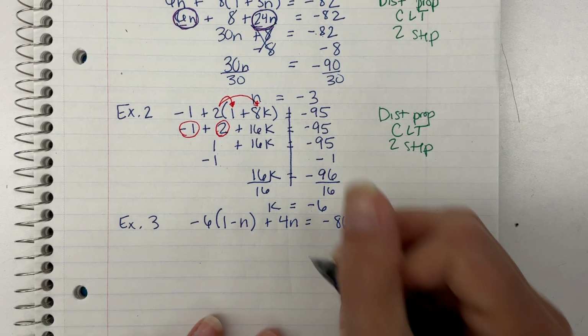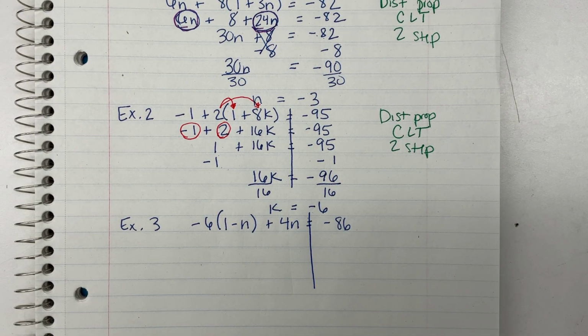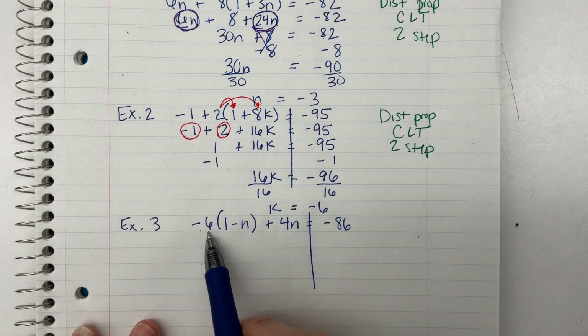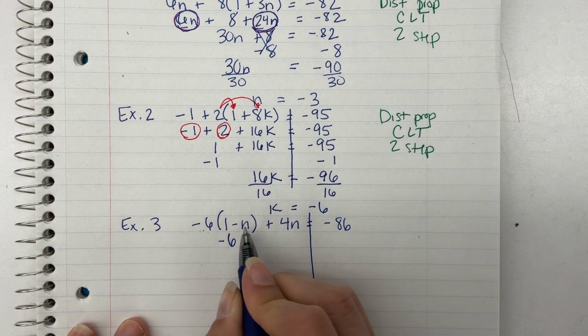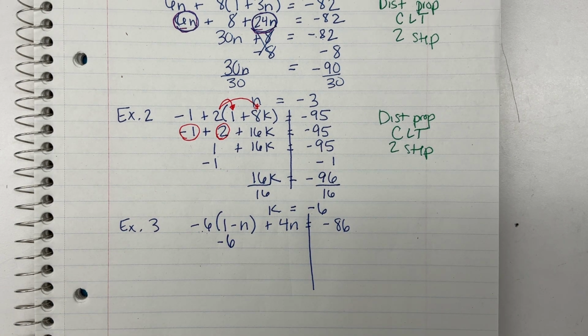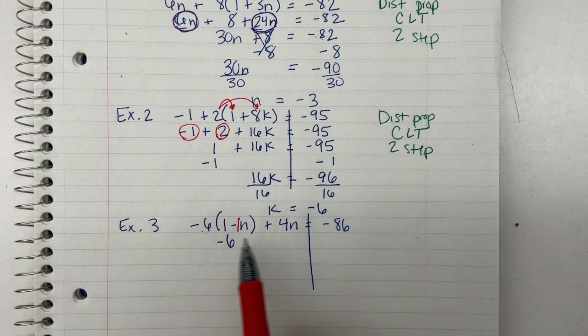All right, now that you paused the video, let's put a line down the equal sign. We're going to see who is knock, knock, knocking on parentheses door. -6 times 1 is -6. -6 times -n. That gets me, remember, there is a 1 in front of that n.